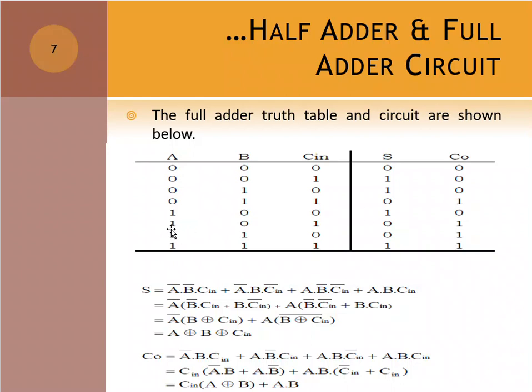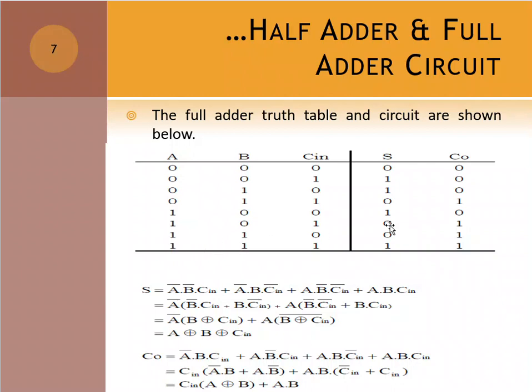Next, 1 plus 0 plus 0 gives 1, carry out 0. Next A1, B0, C in 1, so you are going to have 2: sum 0, carry out 1.